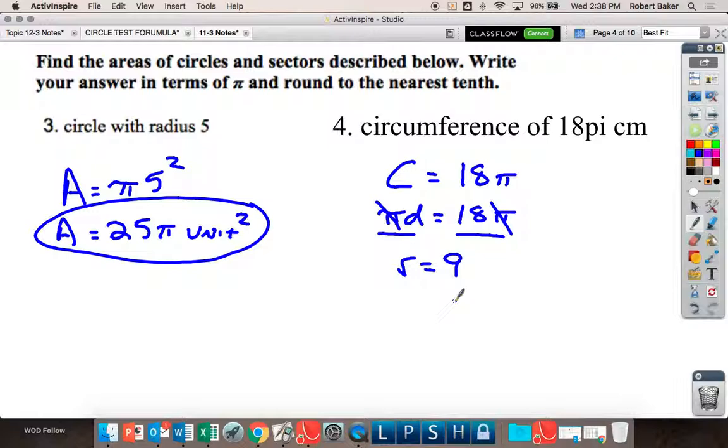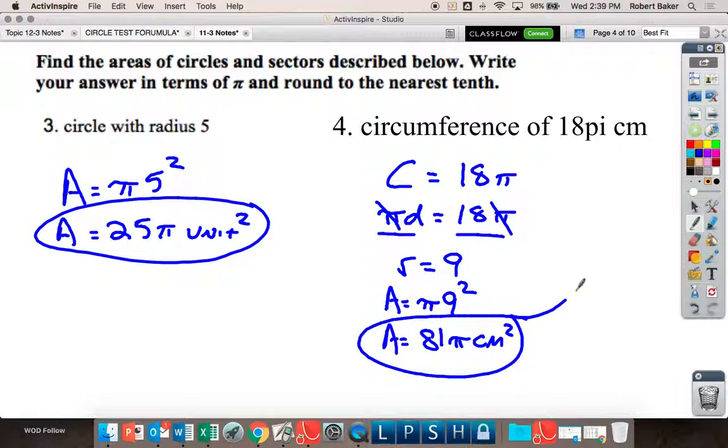Now you have to go forward and find the area of that circle. Centimeters squared. They're a little out of order, but still, it's a good question. Yeah?